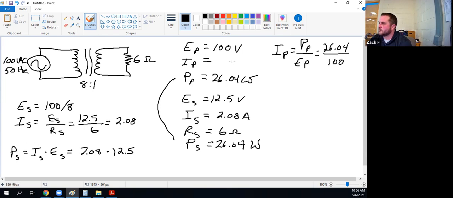So 0.2604, 260 milliamps. Everybody good on the transformer stuff?